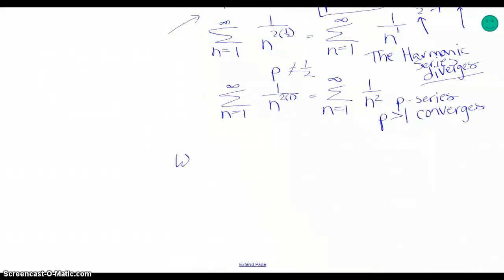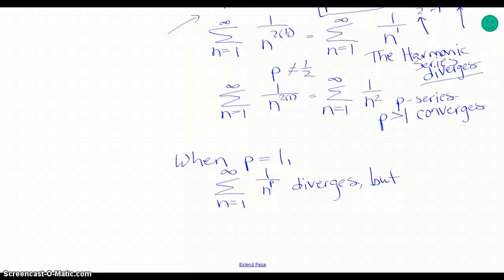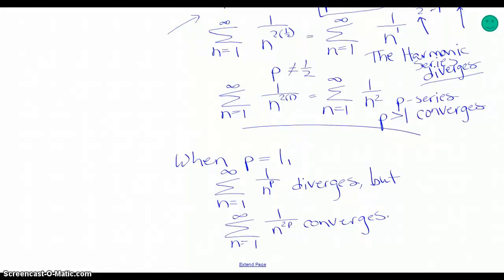When p equals 1, the first series that we had, 1 over n to the p, diverges, but 1 over n to the 2p converges. And we don't have to show them again that we know that's true. We've already shown all that work up there.